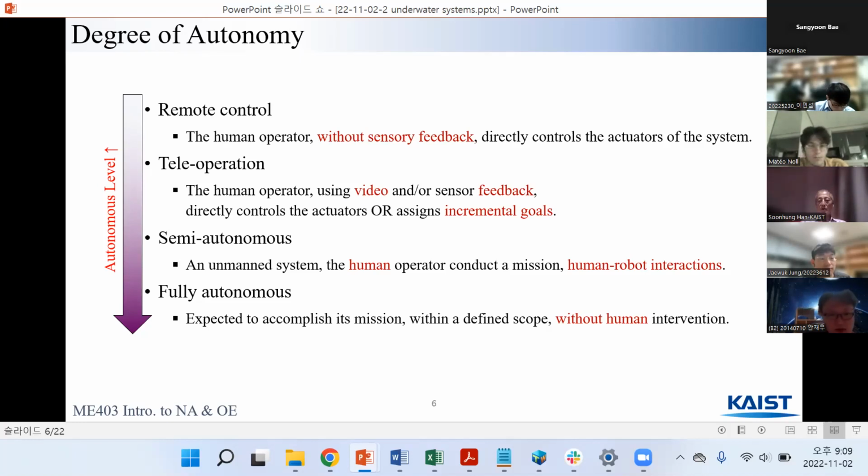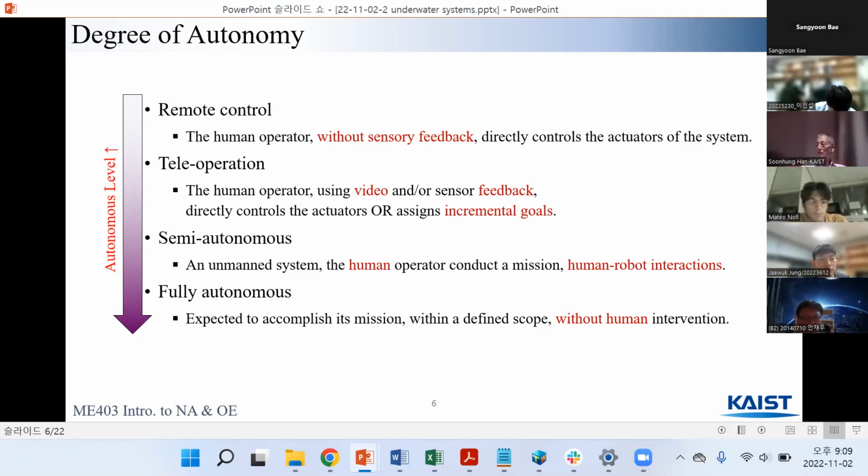And then there are actuators, and the control signal goes to the actuator to operate. And teleoperation: the human operator uses video and also sensory feedback coming from the system far away, so they control the actuators. And sometimes it assigns small goals, so autonomy is a little bit increased.